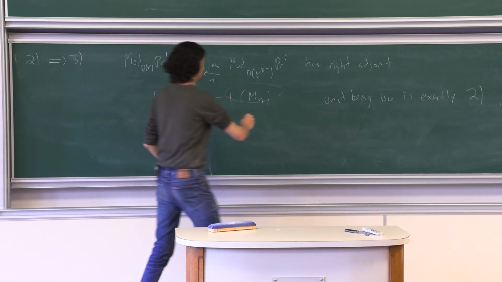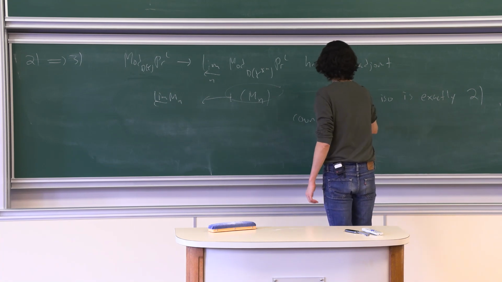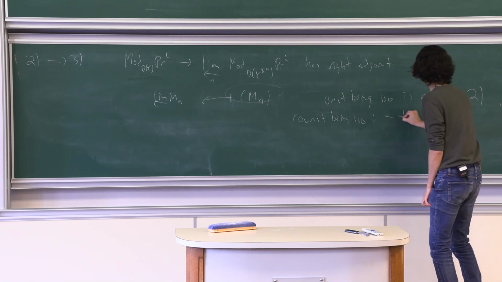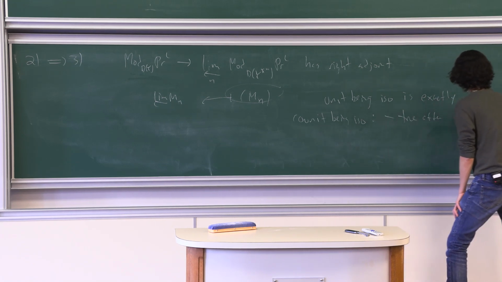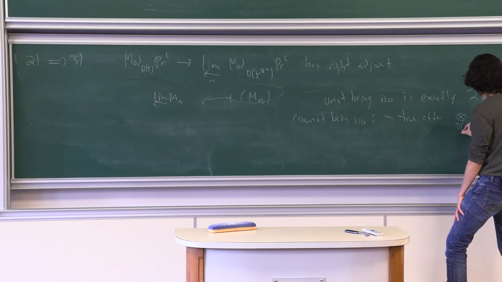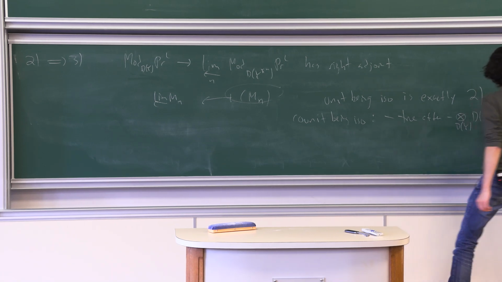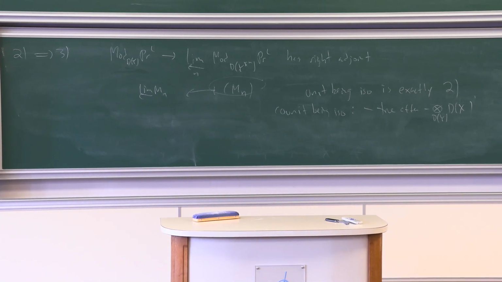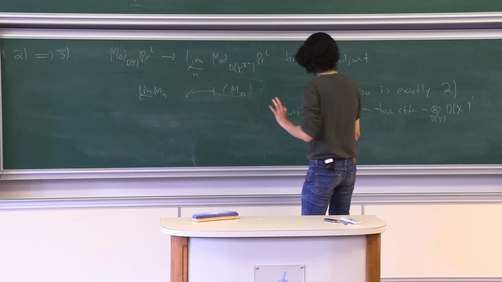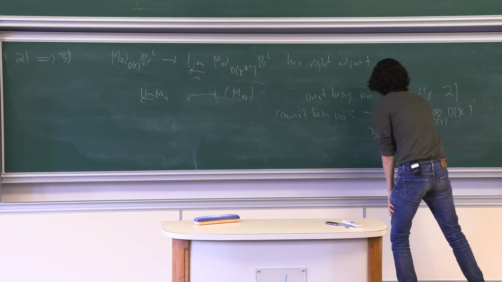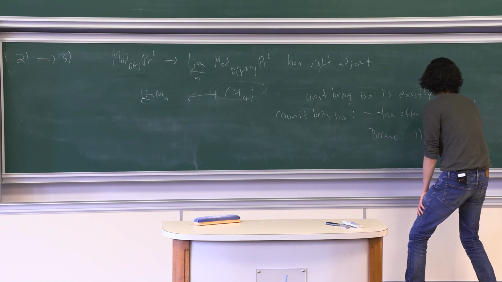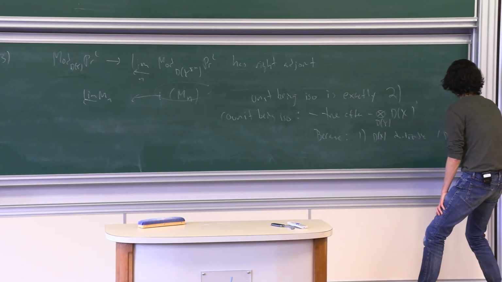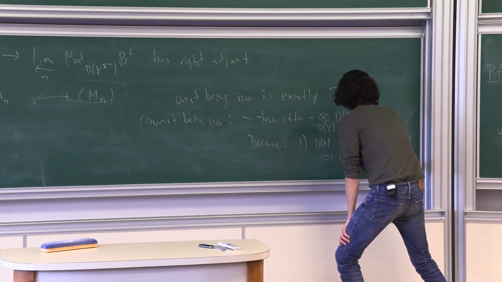For the co-unit being an isomorphism, it's true if you base change up to X, then the co-unit is an isomorphism. Because D of X is dualizable over D of Y, which implies that you can pull the limit out.